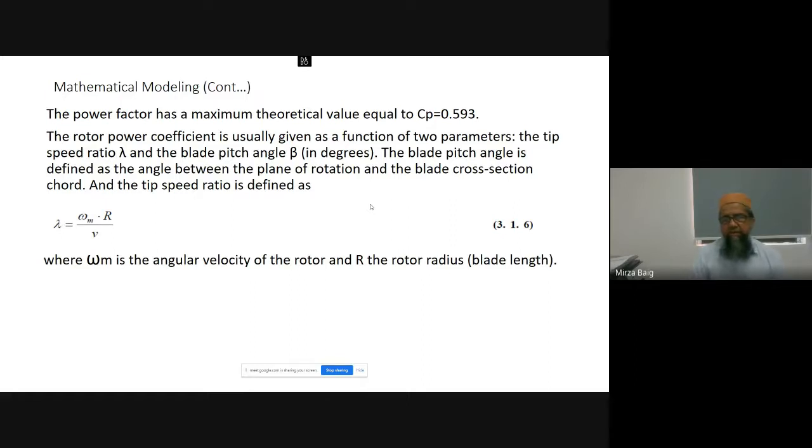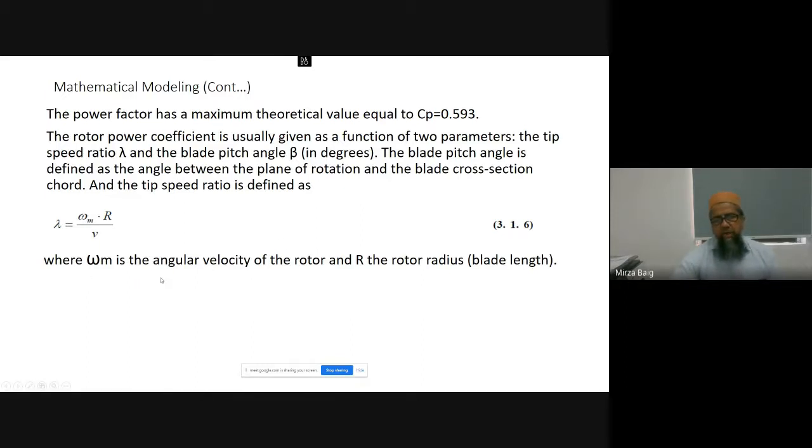And you have another important ratio, which is called the tip speed ratio, lambda. It's directly proportional to the rotational speed and the radius of the swept area, which is the length of the blade, and it's inversely proportional to the wind speed.